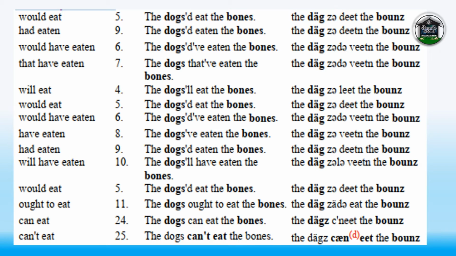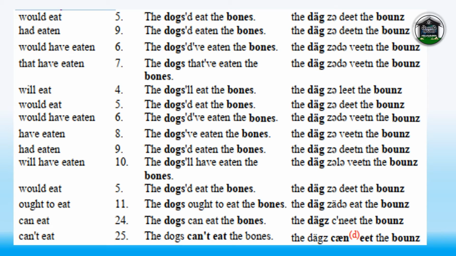5. The dogs had eat the bones. 9. The dogs had eaten the bones. 6. The dogs would have eaten the bones. 7. The dogs would have eaten the bones. 4. The dogs will eat the bones. 5. The dogs would eat the bones. 6. The dogs would have eaten the bones. 8.